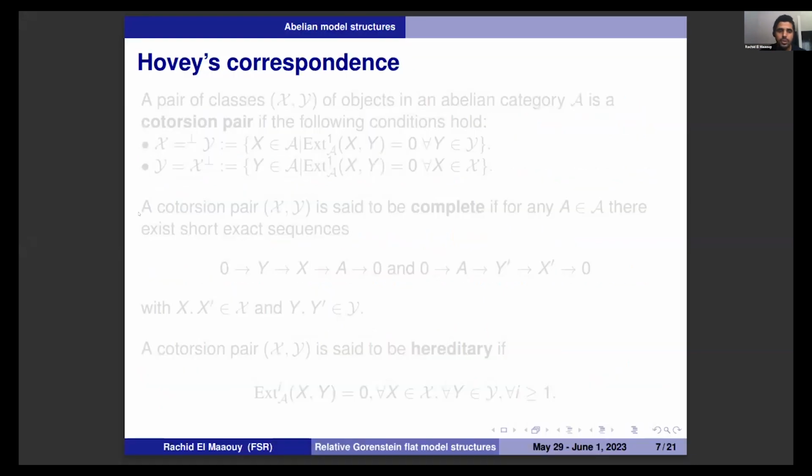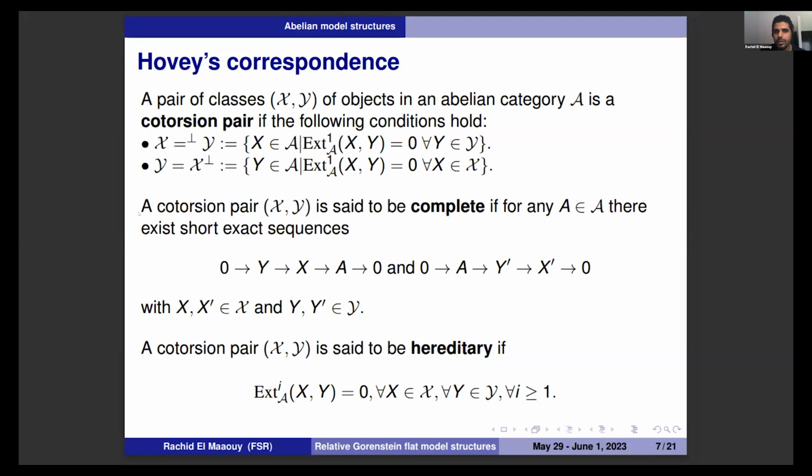So this brings us to what is well known now as Hovey's correspondence. This result means that there is a connection between model structures and some classes that satisfy some properties. And I will talk now about these properties.